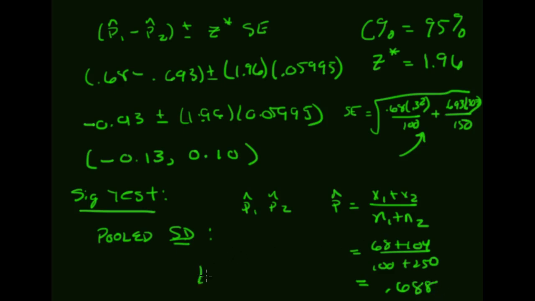And 1 minus that p hat is going to be 0.312. So that's what we're going to work with when we're dealing with the significance test. We're going to assume that these are coming from a single population that gets pooled together.